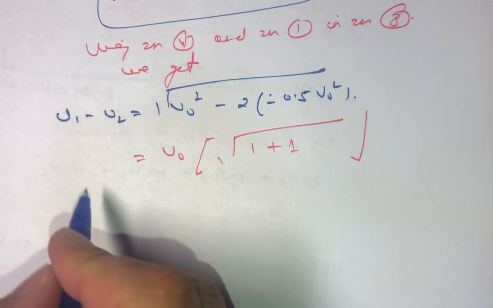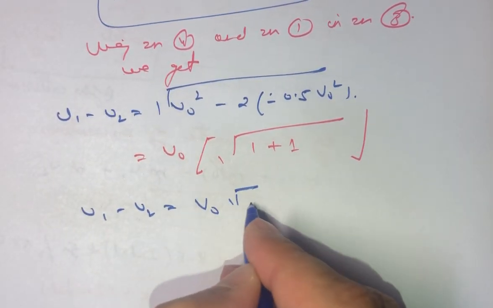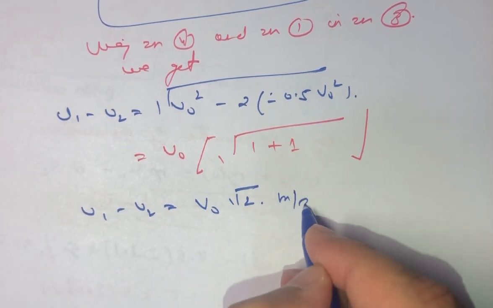So we get v1 minus v2 is equal to v0 root 2 meter per second.